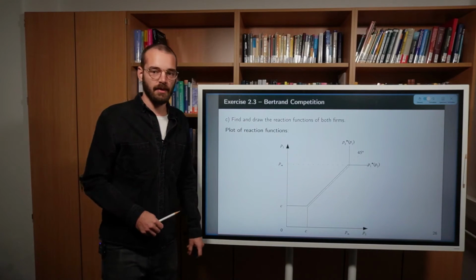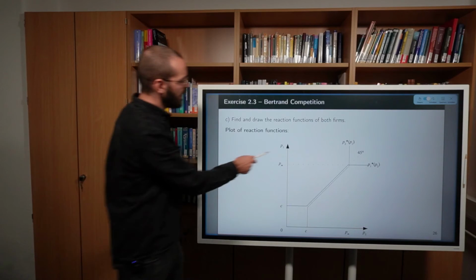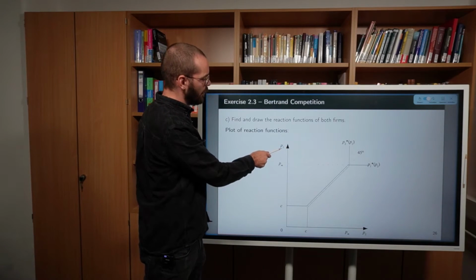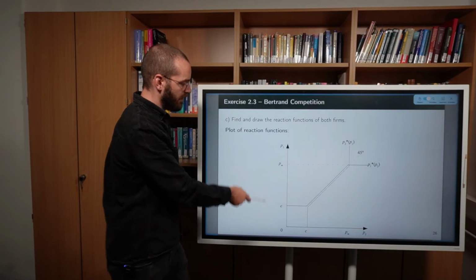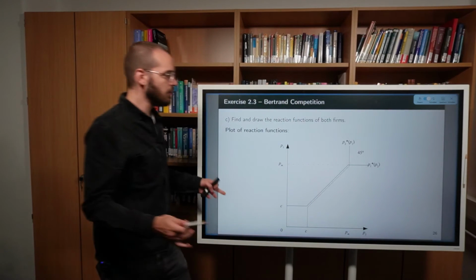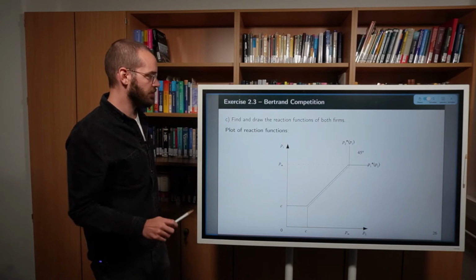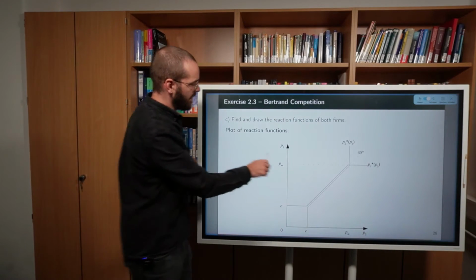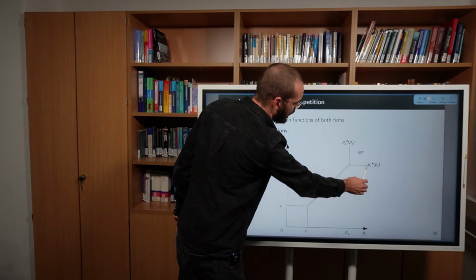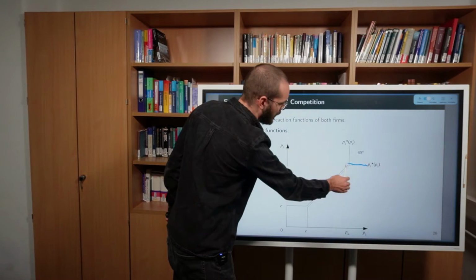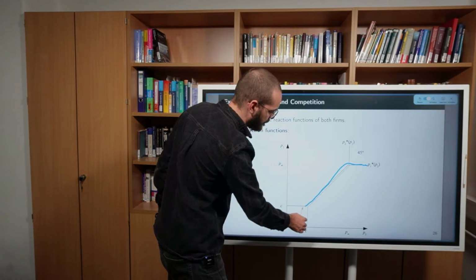And this is how they would look. So again, we have on the one axis the price of firm 1 or firm I, on the other axis the price of firm 2 or firm J, however you would like to draw it. And the reaction function of firm 1 is the one I am highlighting right now.